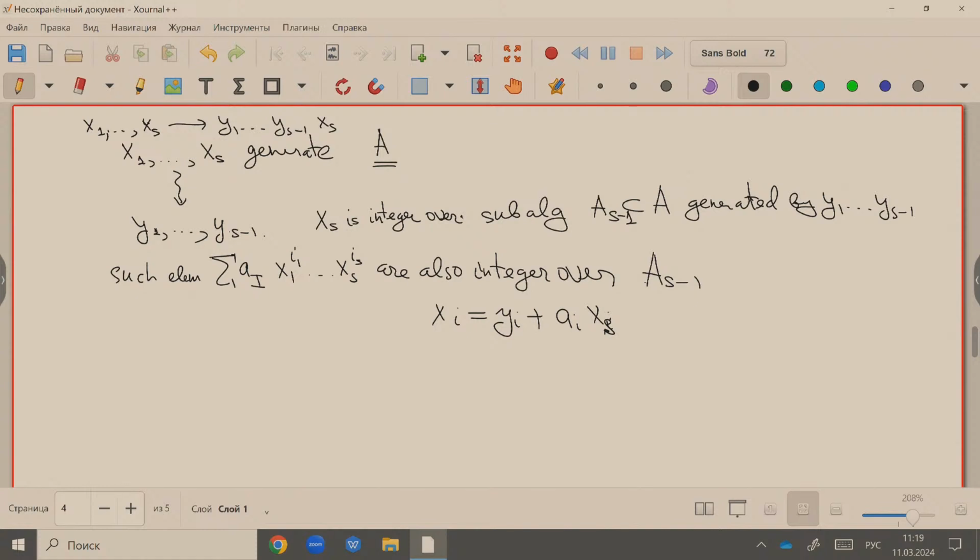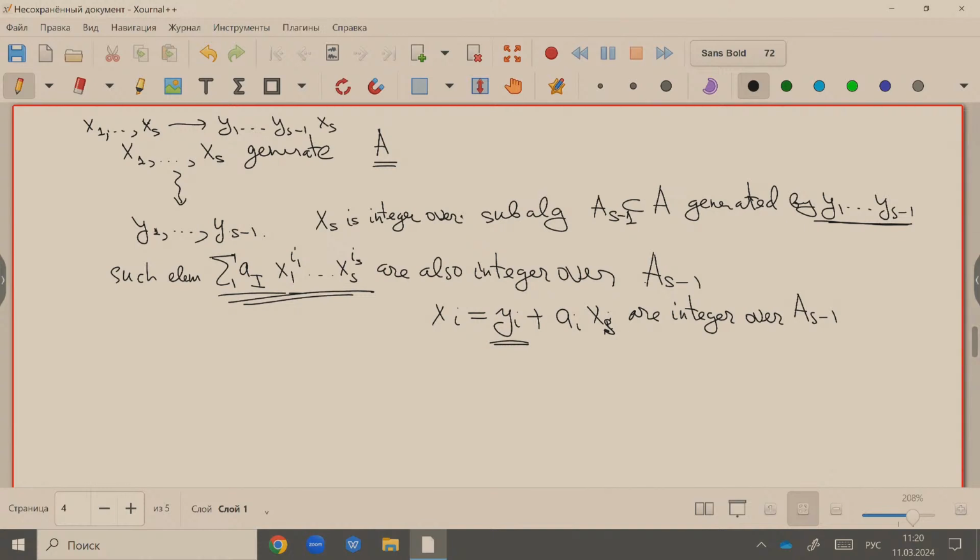So the xi are integral over the algebra generated by this collection of elements. So any element of the algebra is integral over these yi's.